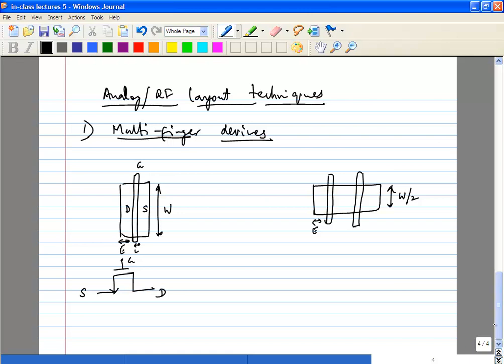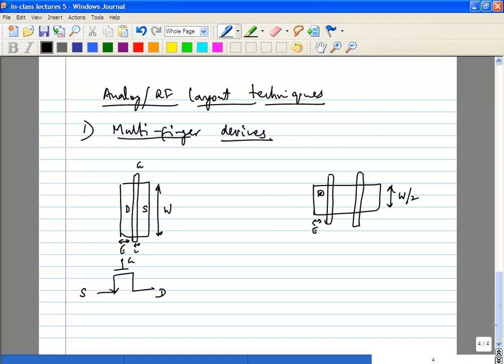You have some parasitic capacitance on the drain and the source, and you typically want to minimize these parasitic capacitances. So what you want to do is keep the drain and source diffusion areas as small as possible. That means you just want to make it wide enough such that you can put in some metal contacts, and that's pretty much as wide as you want to make it.